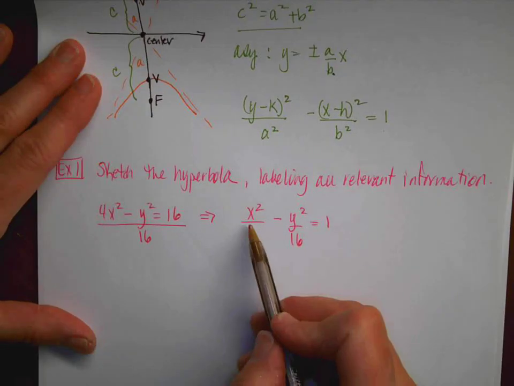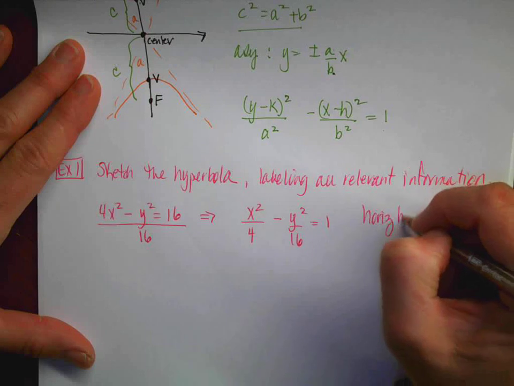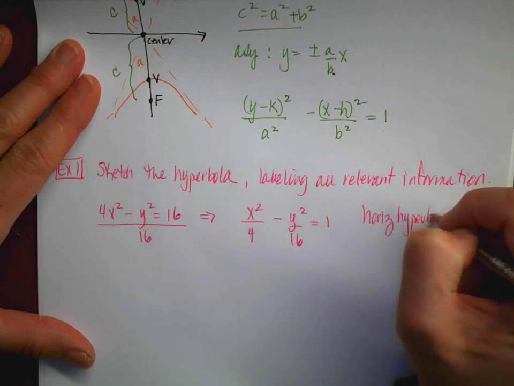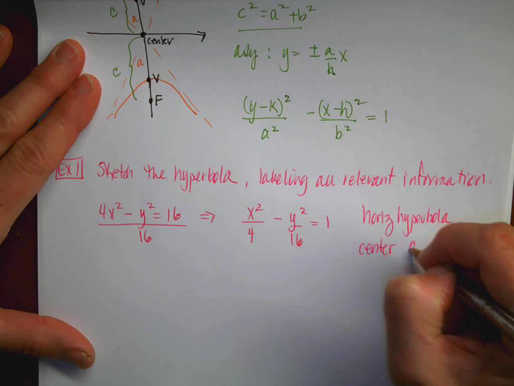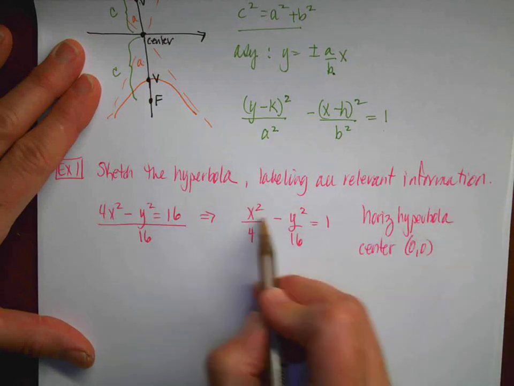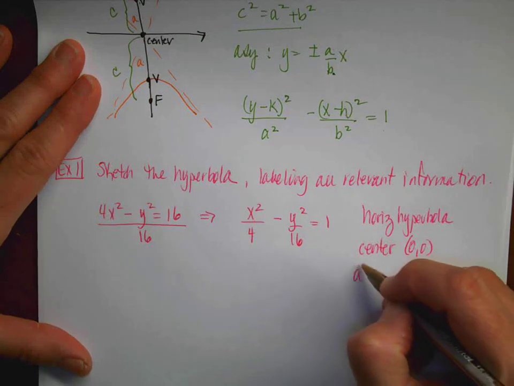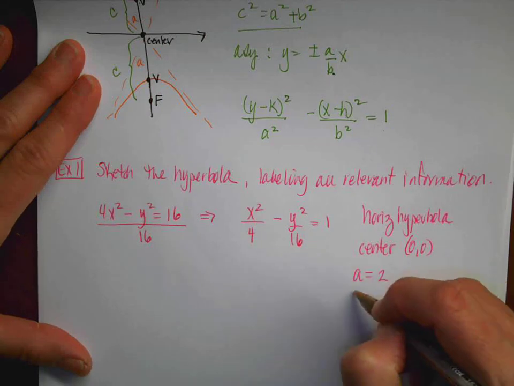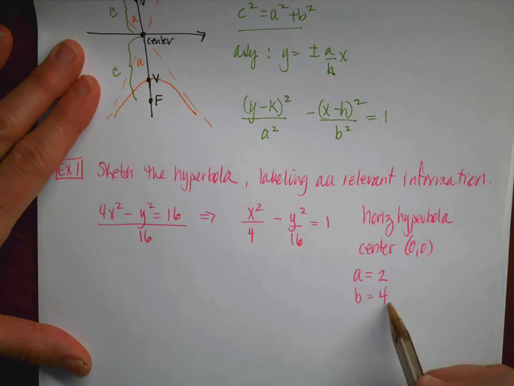So for this particular hyperbola, notice that x is positive, so that means that I have a horizontal hyperbola. Its center is going to be the origin because I don't have an h and a k. My a, I'm going to write a is equal to 2 and b is equal to 4.